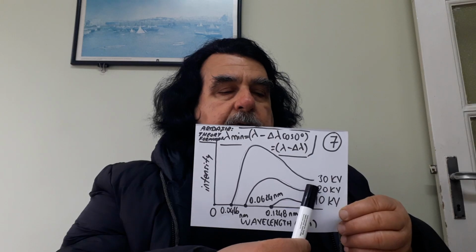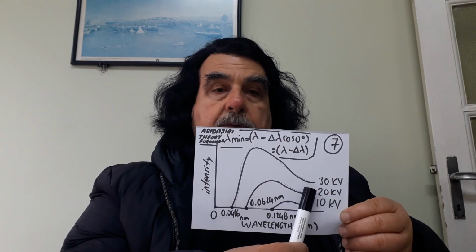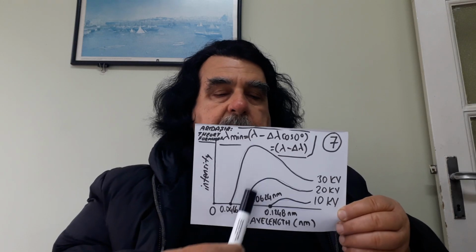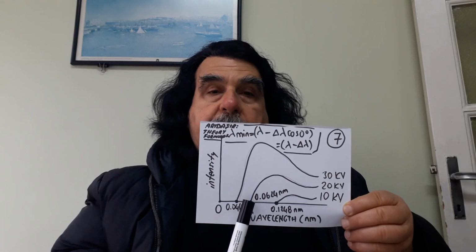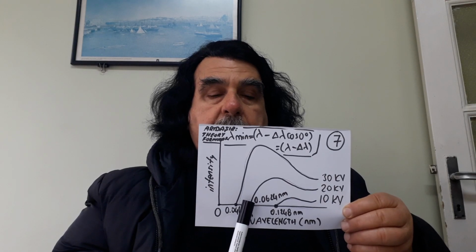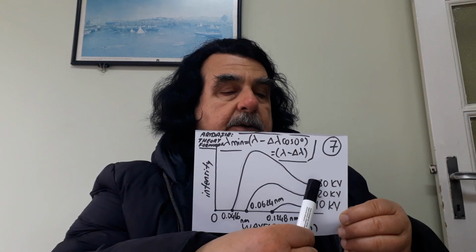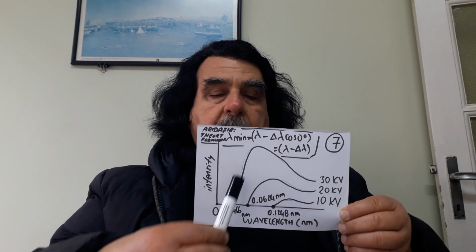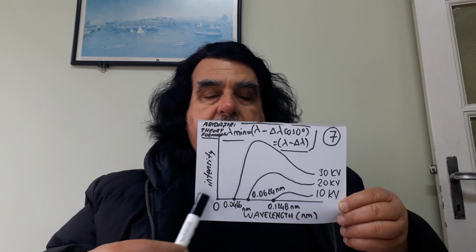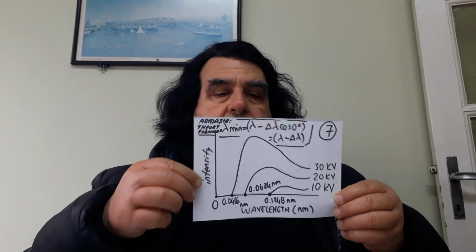At 20 kilovolts, the more accelerated electron, which gained more velocity, approaches zero, more shortest shortened wavelength. At 30 kV, more shortest shortened wavelength approaches zero, like this.